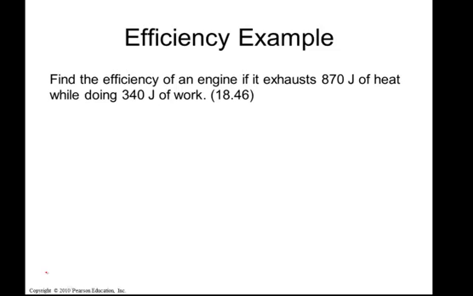Okay, so in this case, we have to find the efficiency of an engine if it exhausts 870 joules of heat while doing 340 joules of work. So in order for me to find my efficiency, I have to take work divided by Q hot. So right now, I know that Q hot minus Q cold is going to be my work.